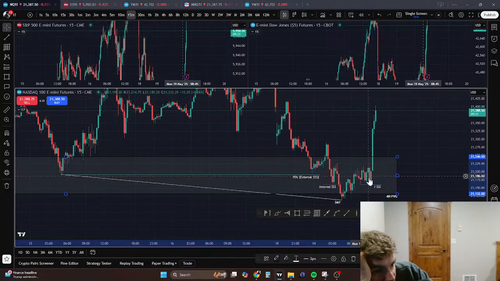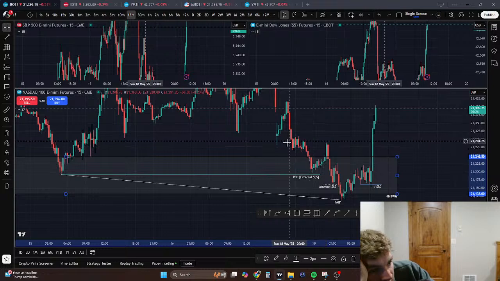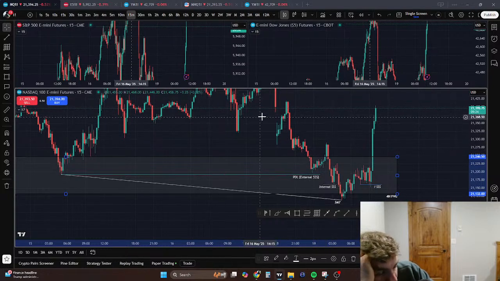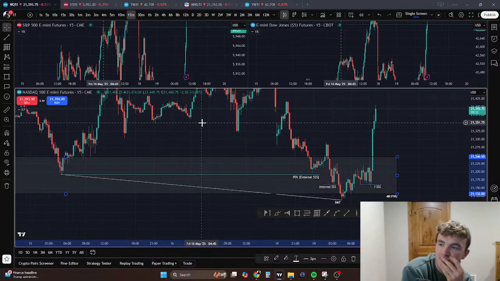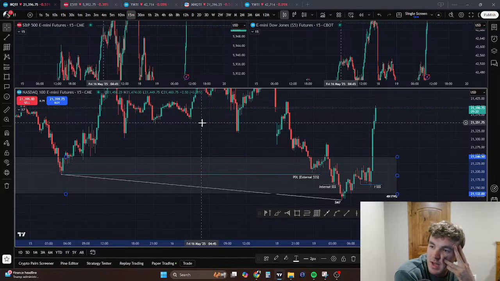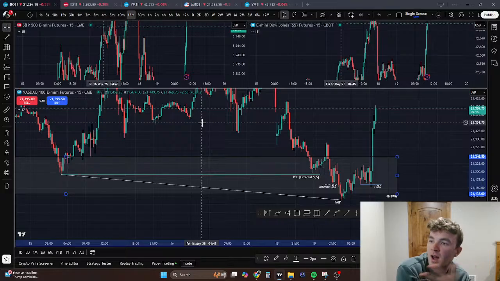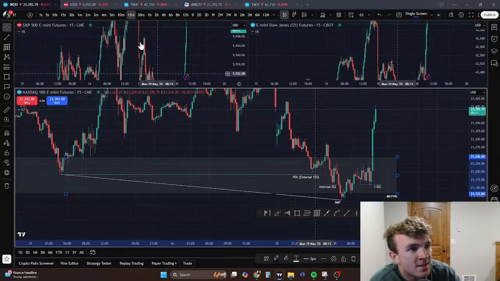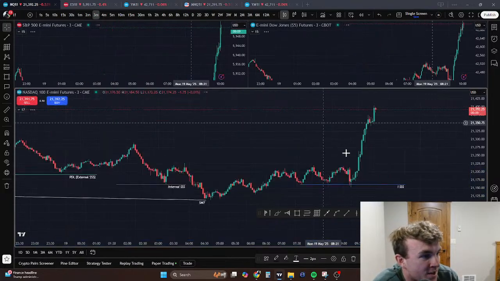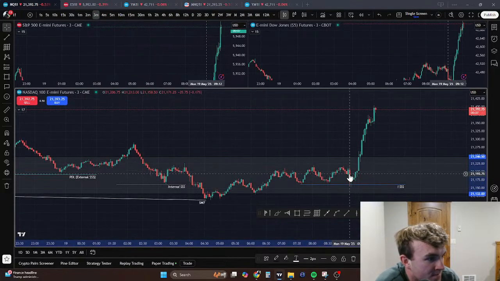I would have liked to take the 3-minute inversion right here, but I wasn't supposed to take it because of my rules. See, I keep making these rules for myself, and in hindsight, I'm like, maybe that rule is dumb. I know I'm trying to follow all my rules, but if I make a dumb rule like that, then I miss out on a good trade. This was really good.